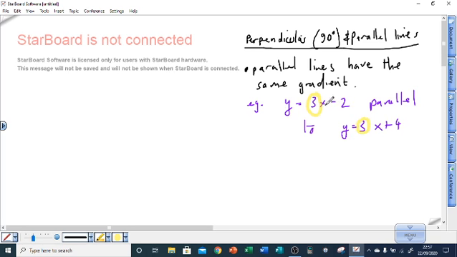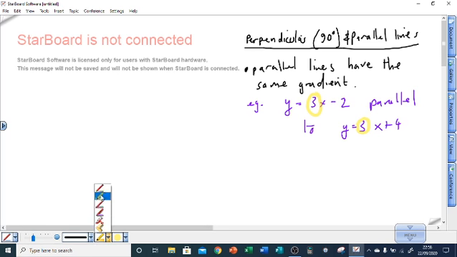So I guarantee that both these would be equally steep, they'd be parallel.